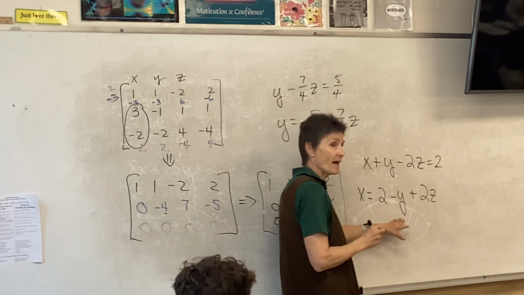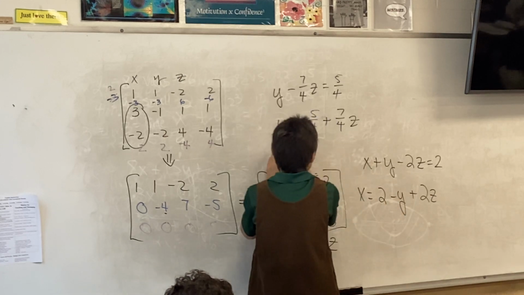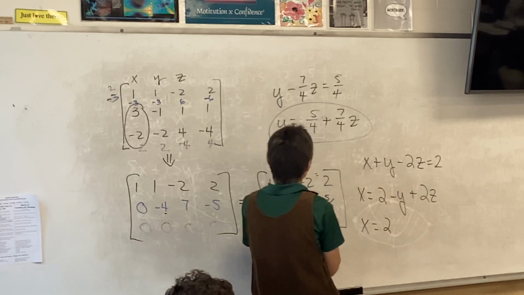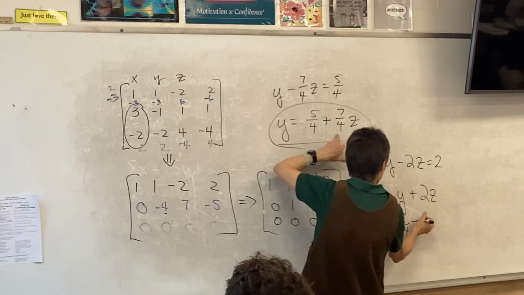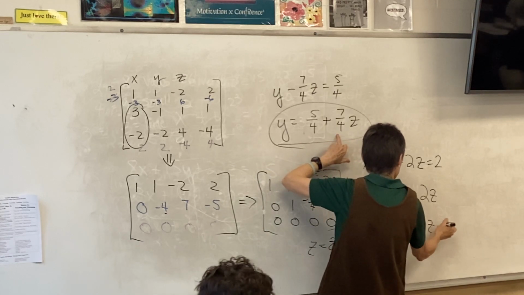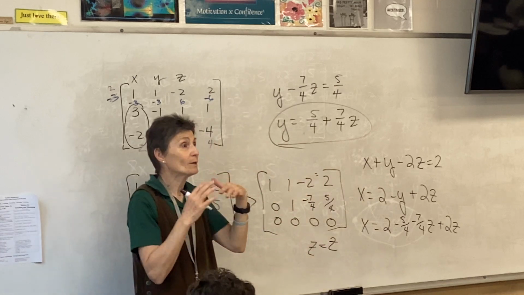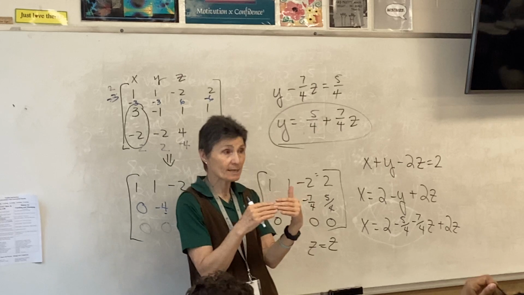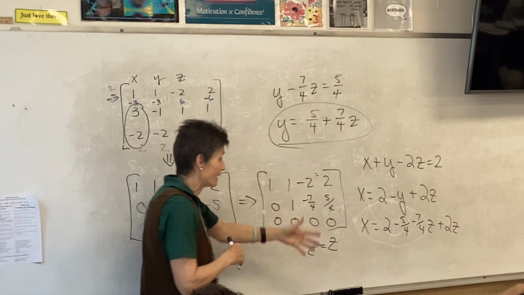Would everybody agree with that? But y is right here. So x equals 2 minus 5 fourths minus 7 fourths z plus 2z. Remember, when you do it with regular numbers, you have to plug in your y and your z to get your x. That's what we're doing. We're plugging our y in.